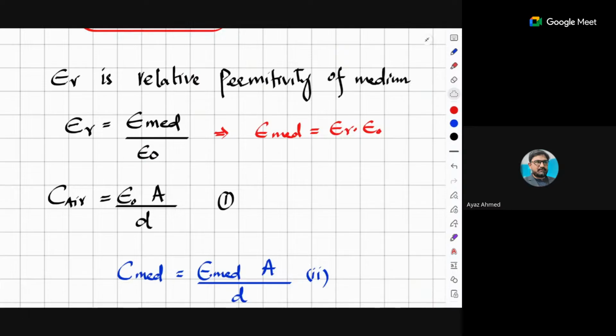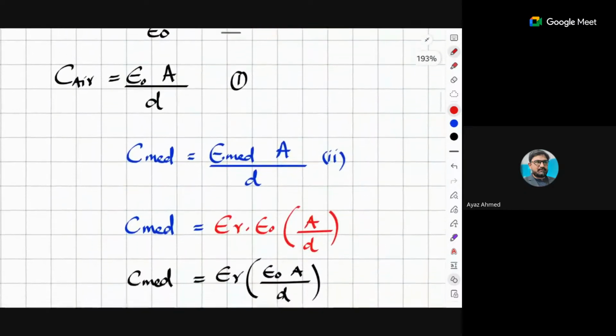So if I say that the relative permittivity is the ratio of the permittivity of the medium divided by the permittivity of free space, then simply speaking, the permittivity of the medium equals the relative permittivity times the permittivity of free space. So simply, I will make two equations here.